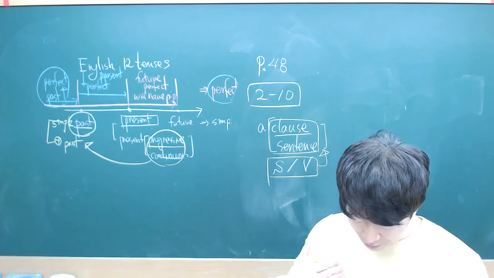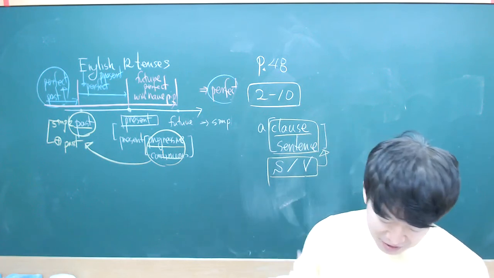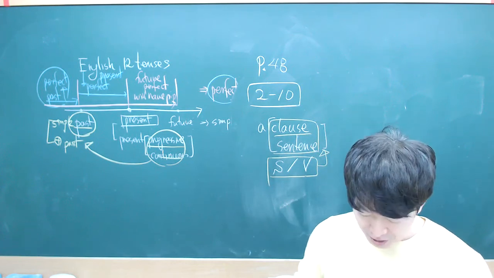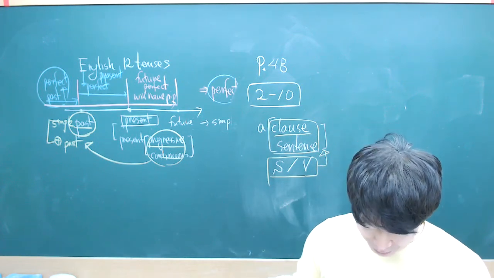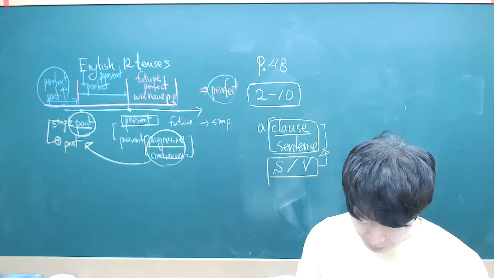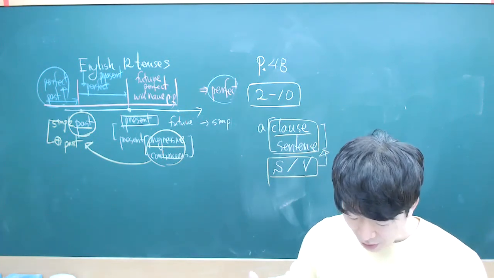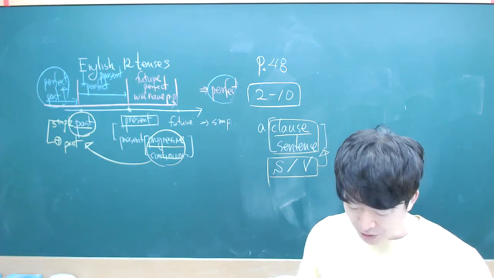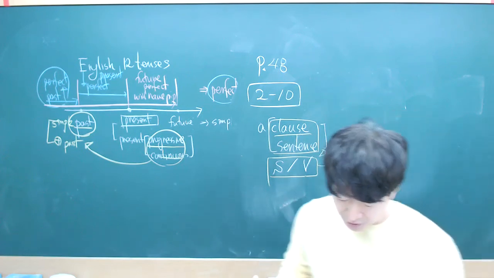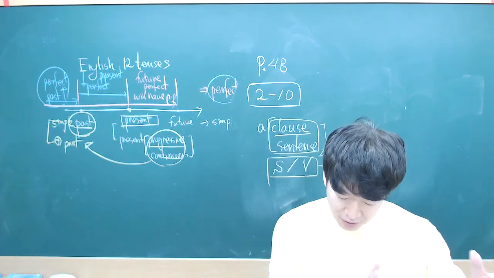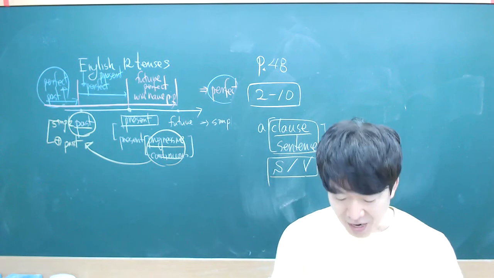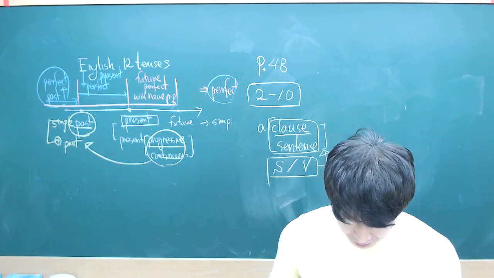A: after I finished my work, it is a time clause. I went to bed, it's the main clause. B: I went to bed after I finished my work. Time clauses are clauses starting from a time conjunction, after.